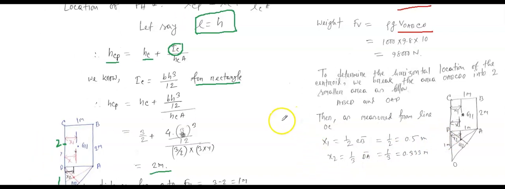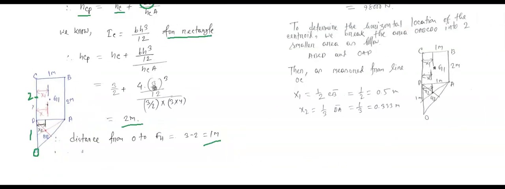So look at this figure here. So we break this into ABCD and ADO. So at first we will draw the centroid. So for this rectangle, this is simple. Maybe if we just divide this way, then we will get this centroid.